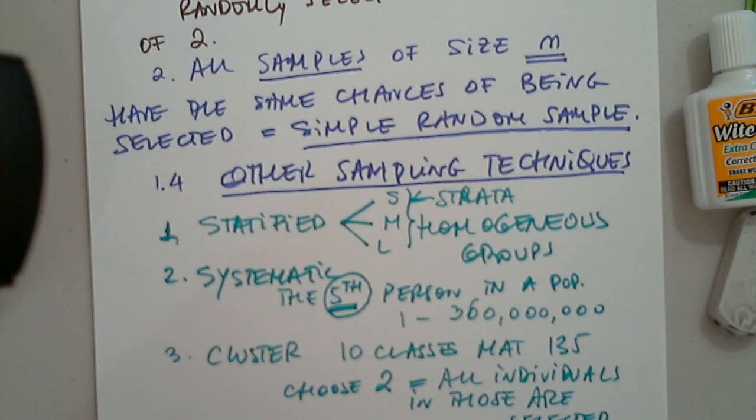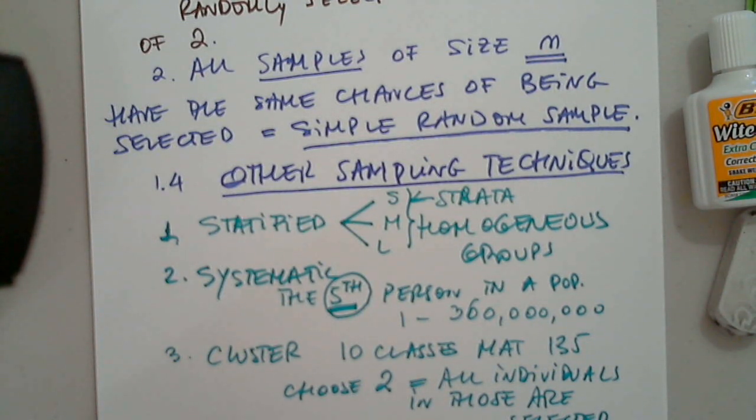You may want to stratify based on sex, because women and men have different characteristics, different functions, and so on and so forth. So that would be a stratified sample. Within the stratified, you will use a simple random sample for sure, and also in a cluster, for example. In order to select 2 classes out of 10, you will use a simple random sample.